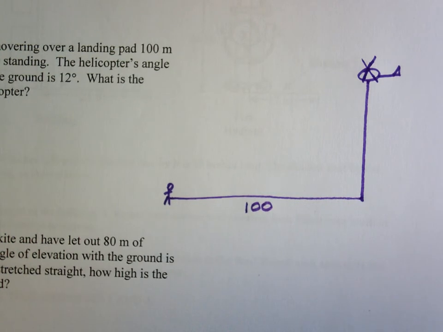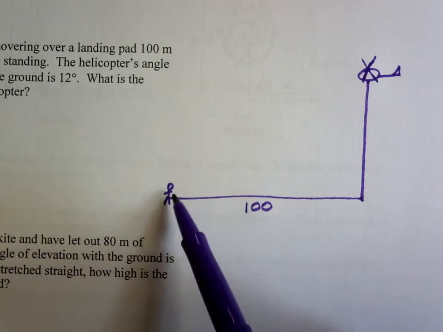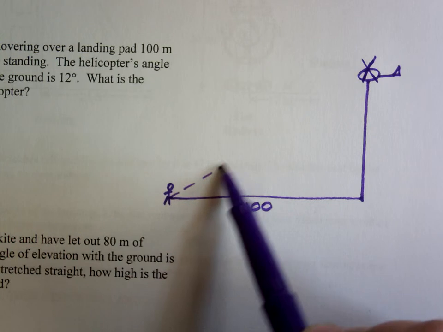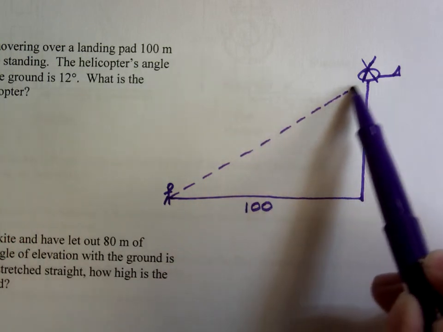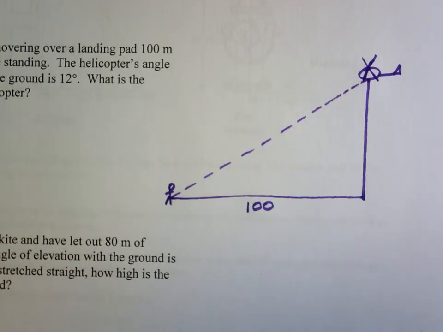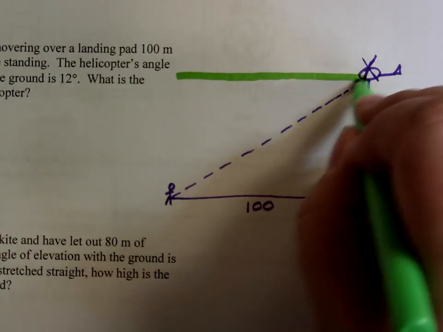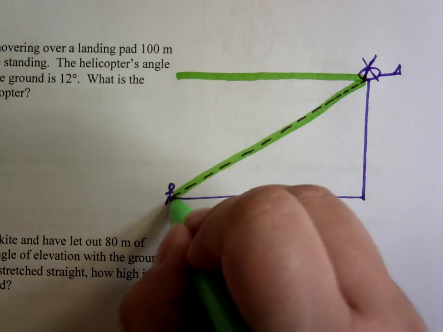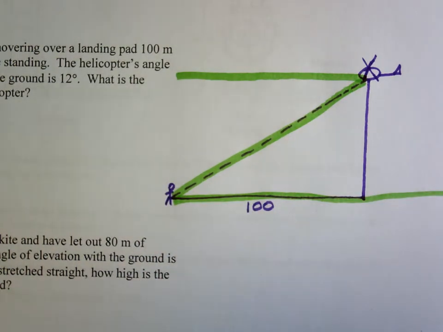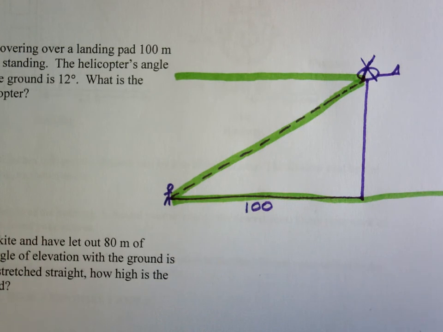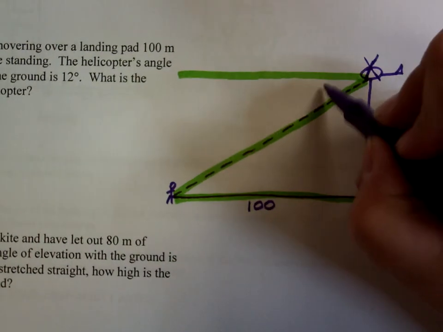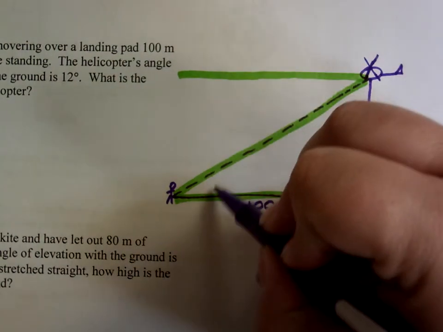The helicopter's angle of elevation with the ground is 12 degrees. This is where we get into the line of sight thing. I'm looking up at the helicopter. Here's me looking up at the helicopter. That's the middle part of my Z. So here's my Z. And remember, it's the little corners of the Z where the angle of elevation or depression goes.